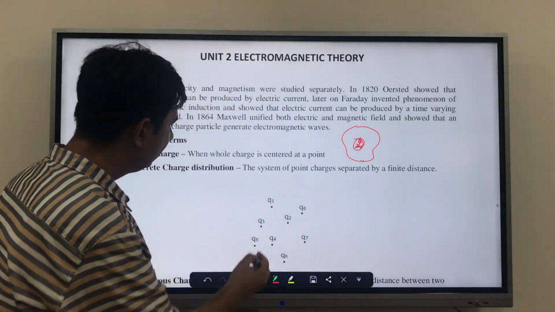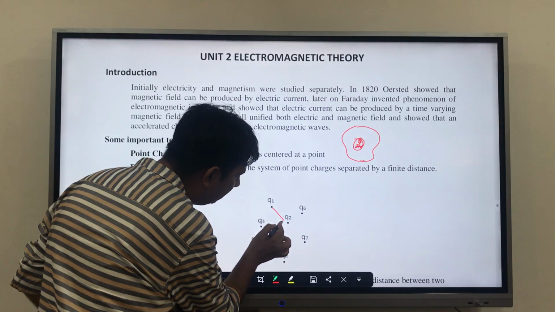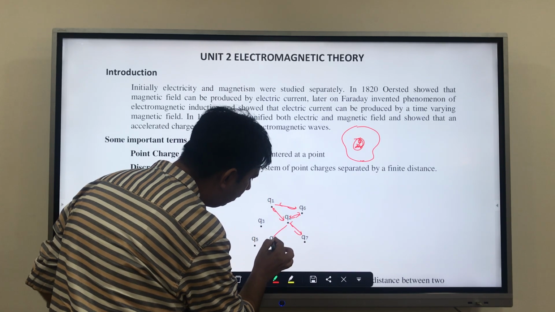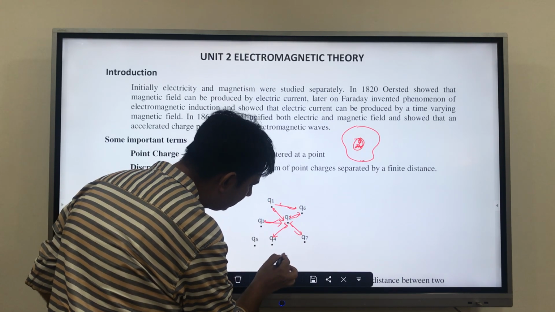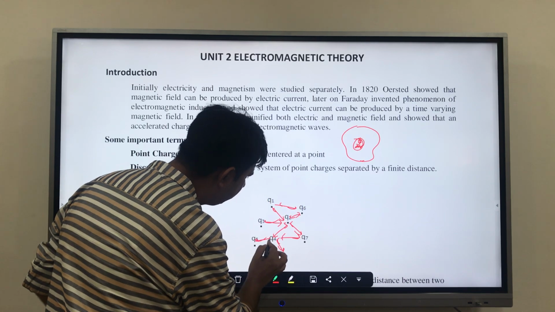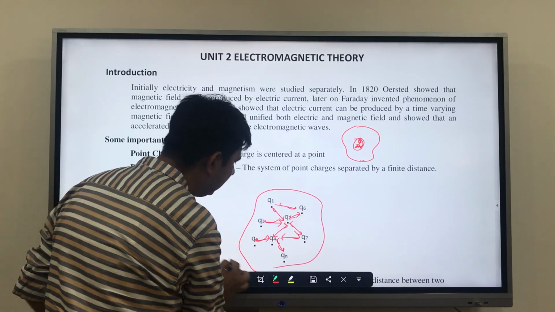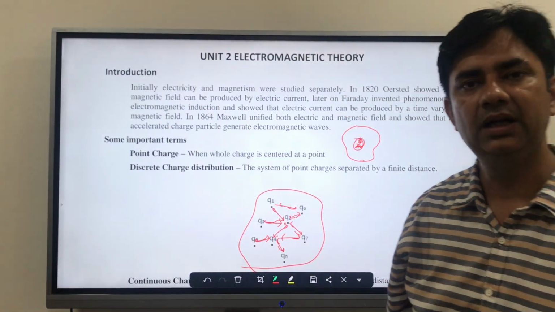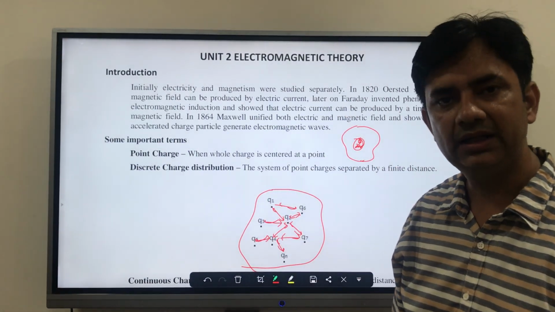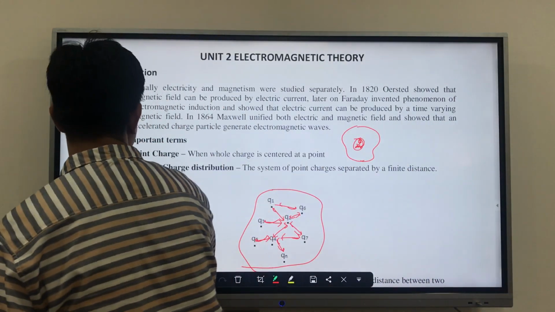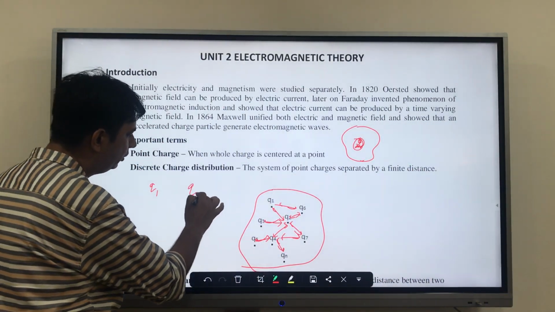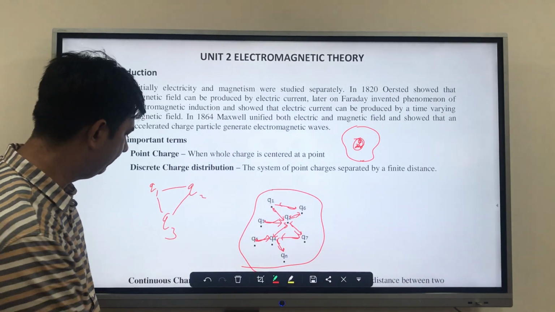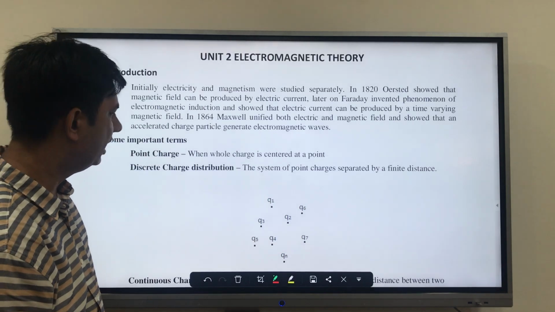Here, as you can see, there is a finite distance between all the charges, and this can be any arbitrary body. We can say my Q1 is here, my Q2 is here, my Q3 is here, and they have a certain distance between them. So we call it a discrete charge distribution.